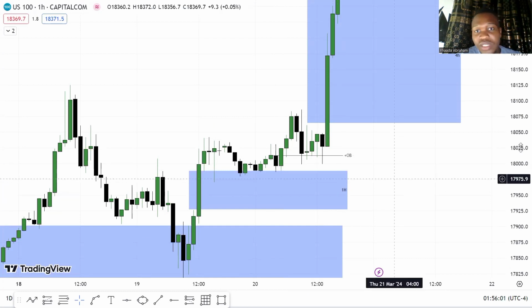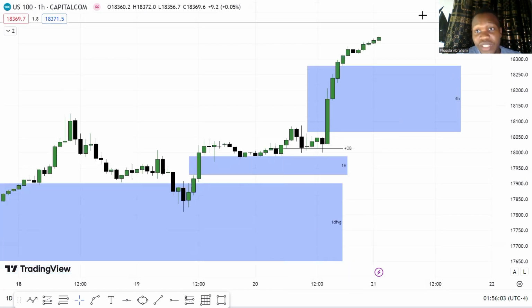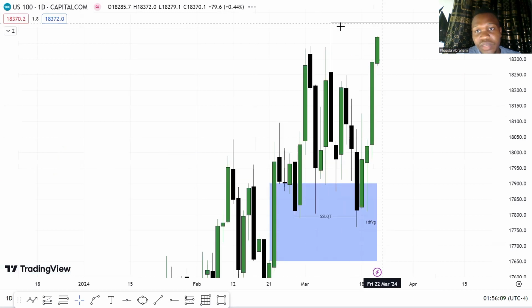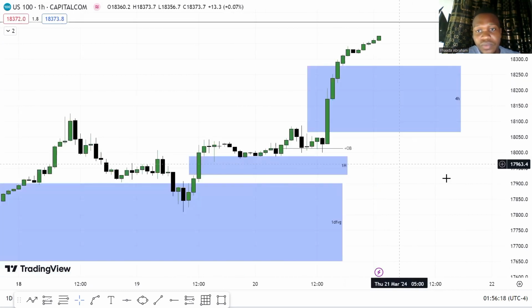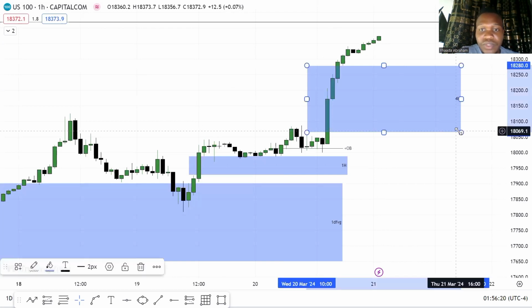So let's see. We have buy side liquidity here from the daily time frame resting here. This is a buy side liquidity resting here. This section.